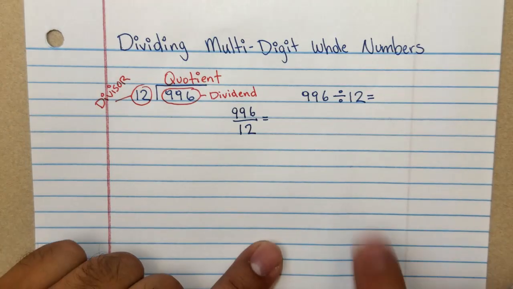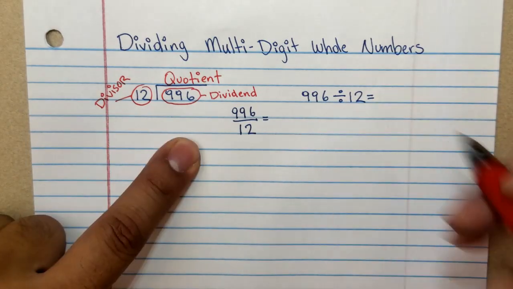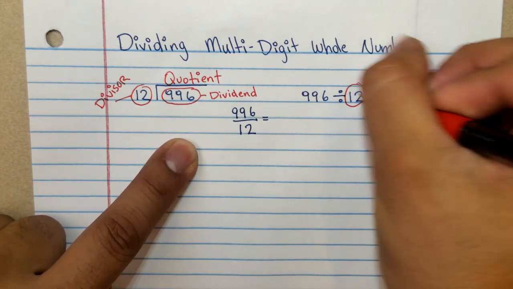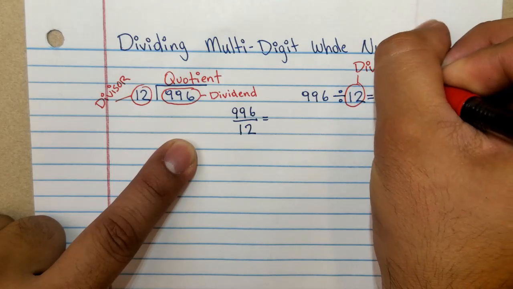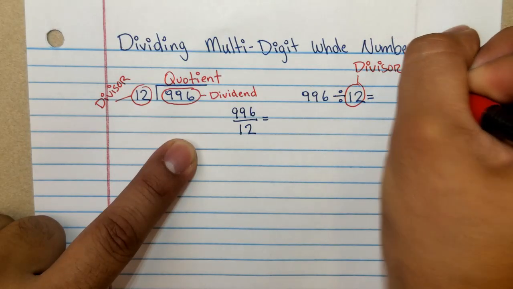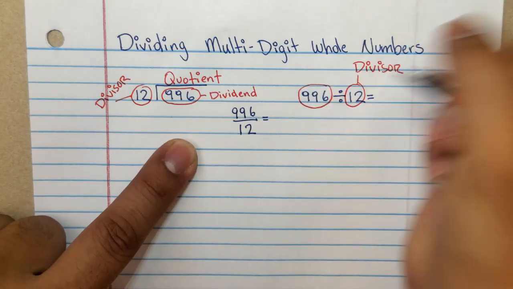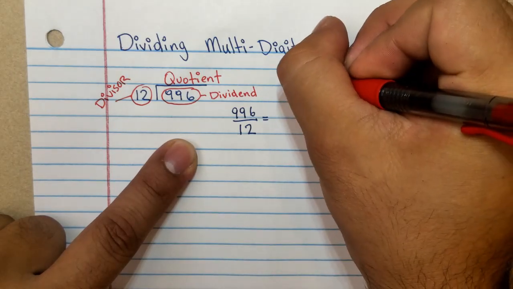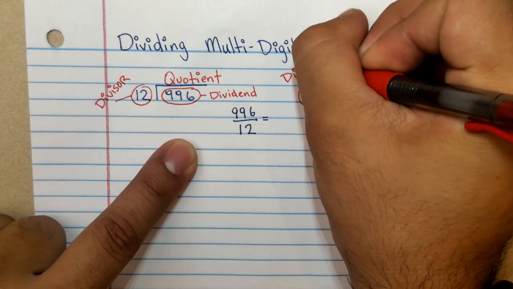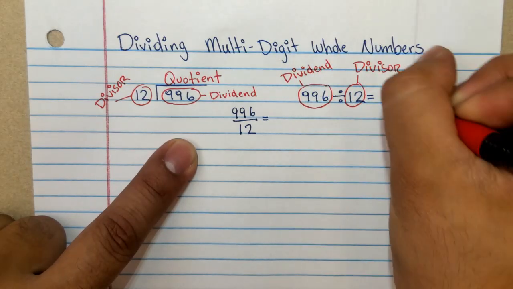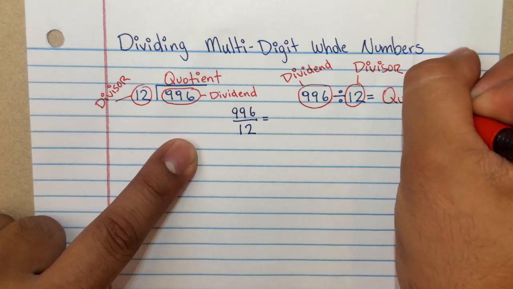And the same will be over here. So the 12 is still the divisor. Here we have the dividend. And then the answer will always be called the quotient.